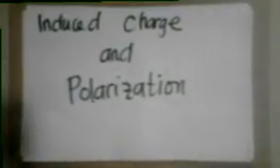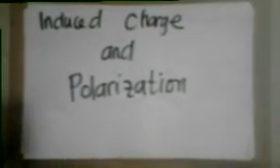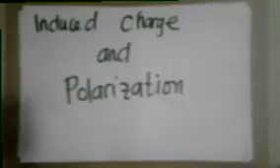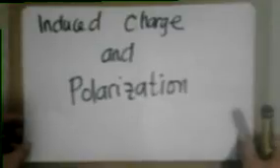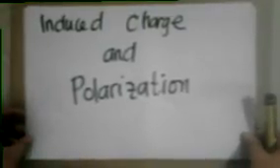Induced charge and polarization. When a dielectric material is inserted between the plates while the charge is kept constant, the potential difference between the plates decreases by a factor of K. Therefore, the electric field between the plates must decrease by the same factor. If we denote C0 as the original capacitance and C as the capacitance with a dielectric, then we can also denote E0 as the vacuum value and E is the value with the dielectric.